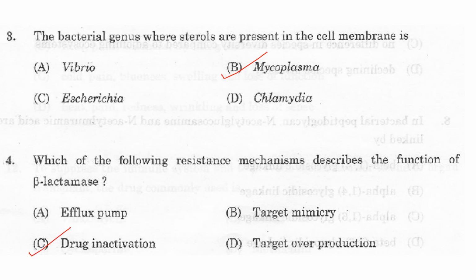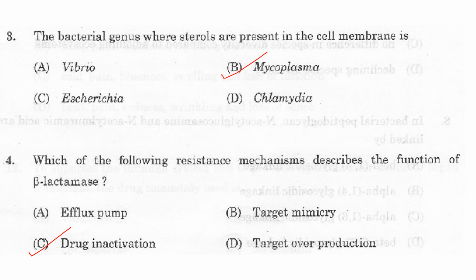Beta lactamase is an enzyme that inactivates the beta lactam antibiotics, and your beta lactam antibiotics are penicillins. These beta lactamases hydrolyze the beta lactam ring and render the antibiotic ineffective against bacteria.